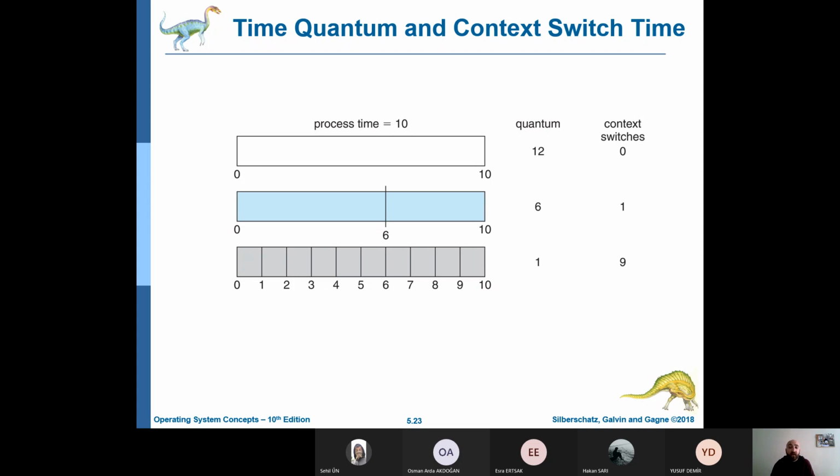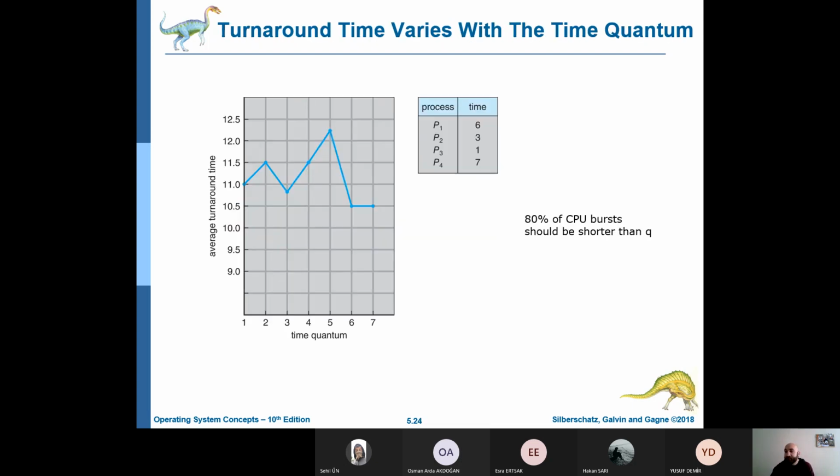The time required for a context switch is typically less than 10 milliseconds. So the context switch time is a small fraction of the time quantum in our modern operating systems. And again, it's the most important point in selecting the proper time quantum for the round-robin algorithm.